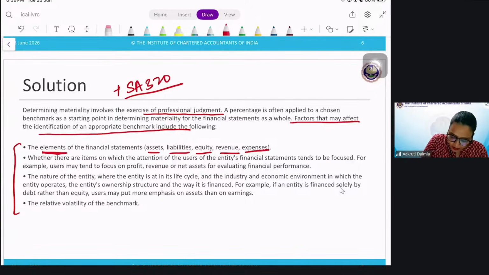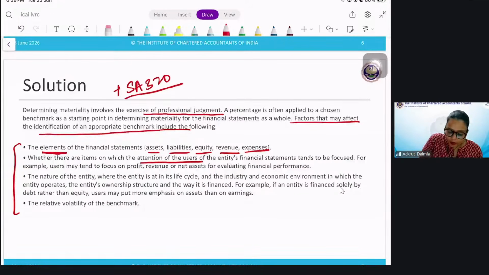Then out of these, there is the attention of the users. So in an NGO, there is the attention of users on what? On expenses, on where you have spent the money.